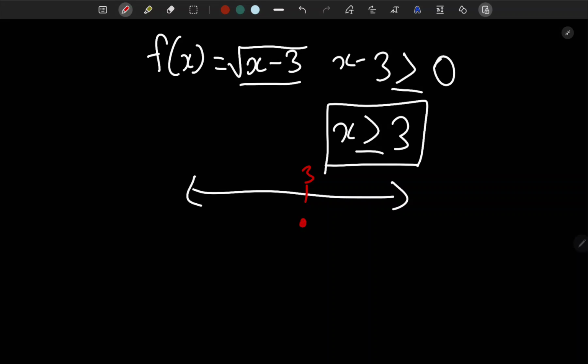It's going to be the shaded circle because we are including 3 here, and all the way to positive infinity. If you want to write it in interval notation, it will be 3, and you notice that I use the closed bracket this time because we are including 3, all the way to positive infinity, and that is the answer.